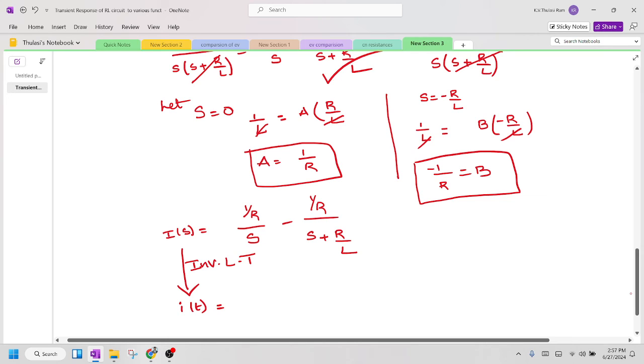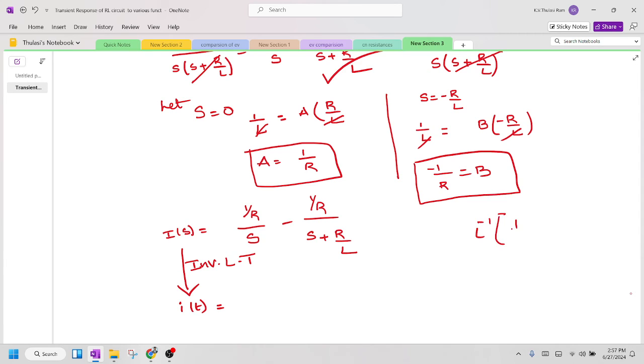When you apply the inverse Laplace transform, this is nothing but I of t. So I of t is equal to the inverse Laplace of 1 by s, which is nothing but 1, times 1 by R, minus 1 by R times the inverse Laplace of 1 by (s plus a), which is e to the power of minus a t.